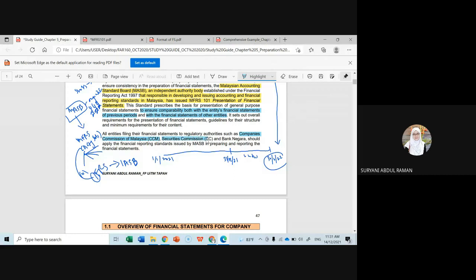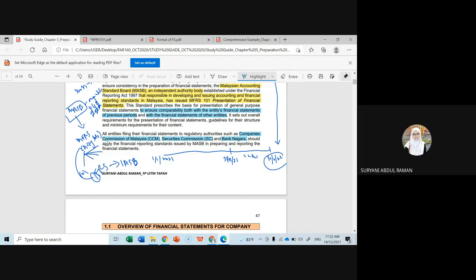The Securities Commission, Suruhanjaya Sekuriti, is located, if I'm not mistaken, near Jalan Duta, on the way to Sri Hartamas. And Bank Negara. For those who stay in KL, you can see it is located near Jalan Cheras, I mean Choket Road. So you can see Bank Negara over there.